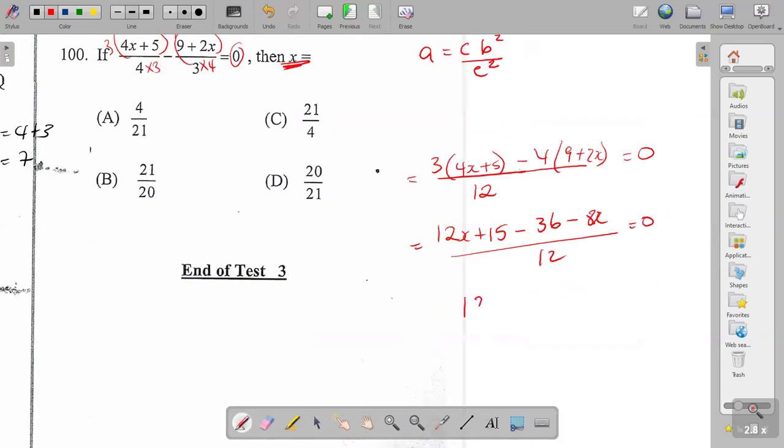So that's 12x minus 8x plus 15 minus 36 over 12 is equal to 0.